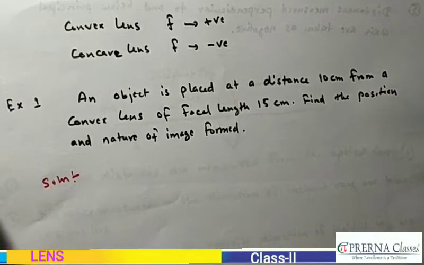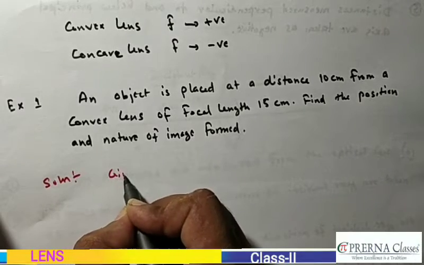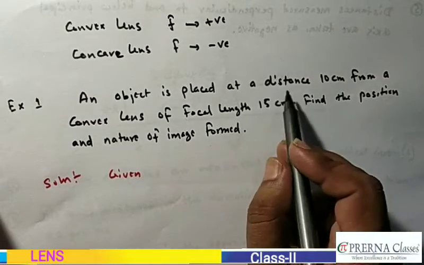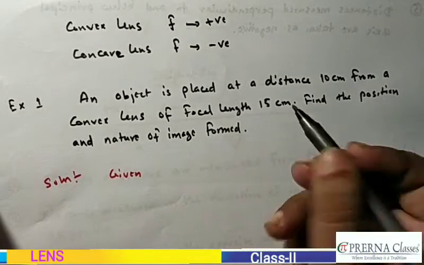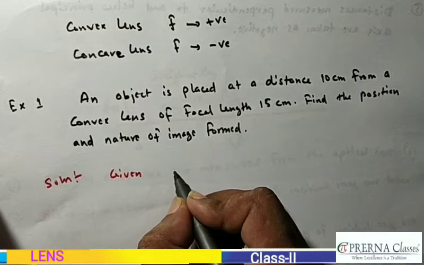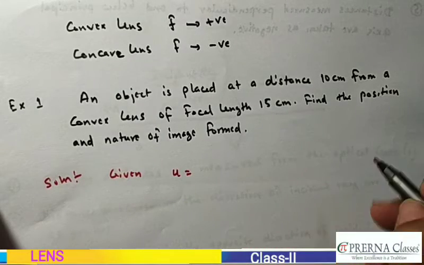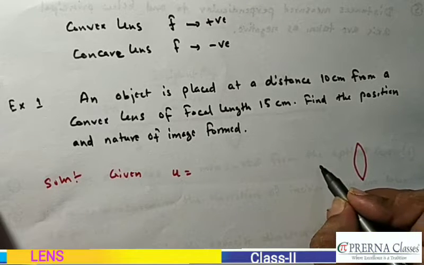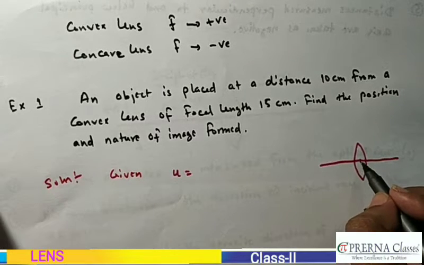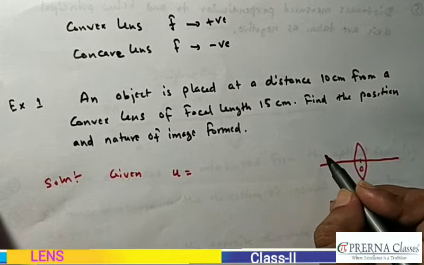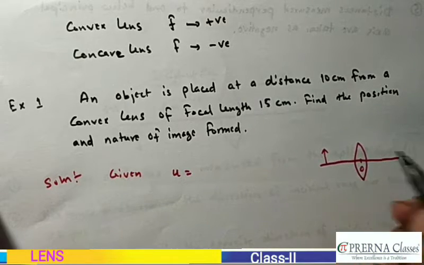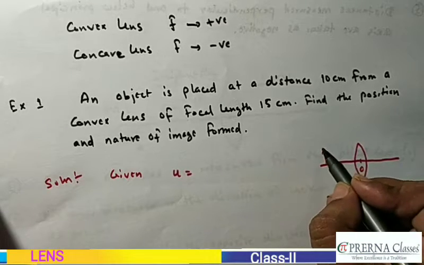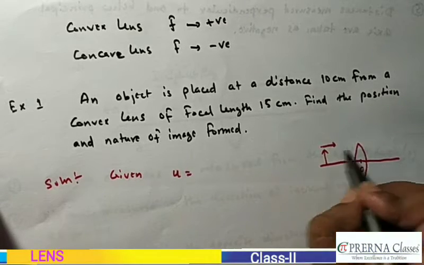Okay, so here given quantities: object distance, that means u is given. Suppose this is the lens, and this is my principal axis. This is the optical center, and the object is placed here. The incident ray should be in this direction.